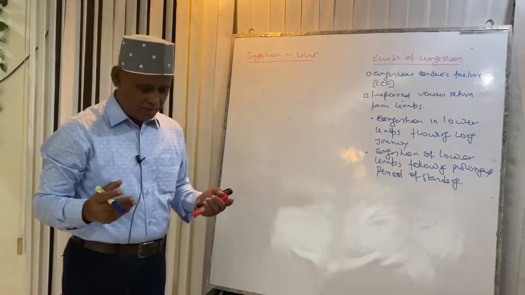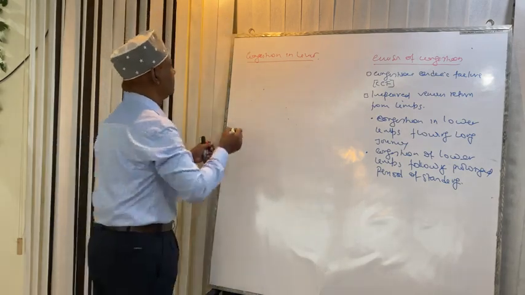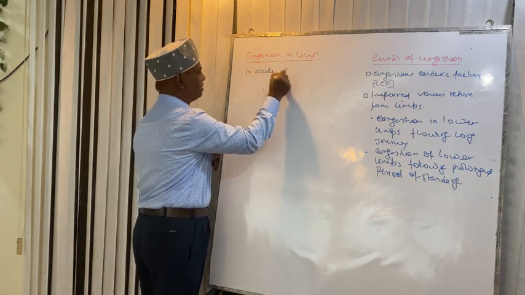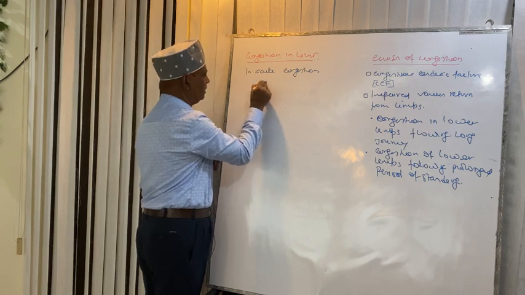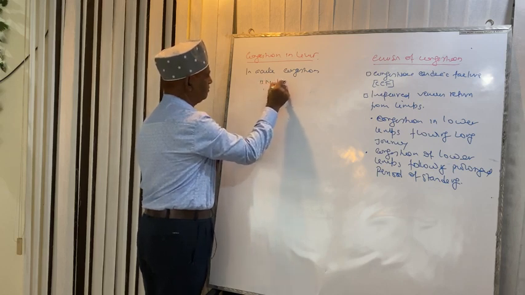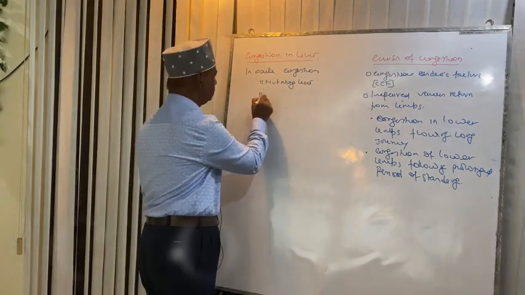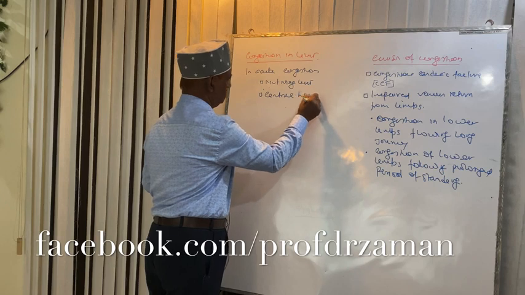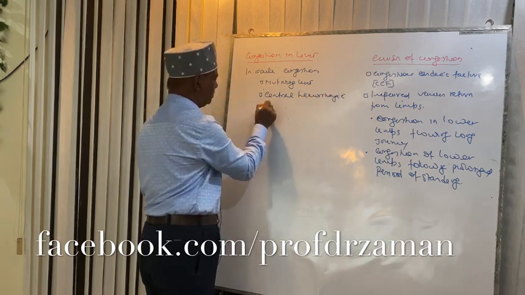If there is acute congestion in the liver, what will happen? In acute congestion of liver, there will be nutmeg liver, there will be central hemorrhagic necrosis.